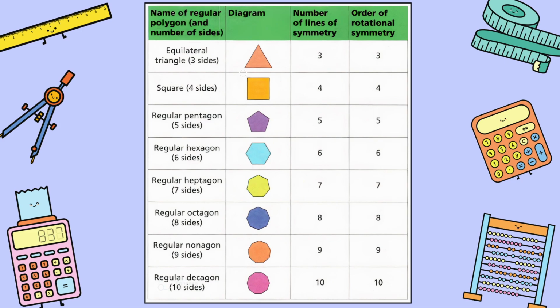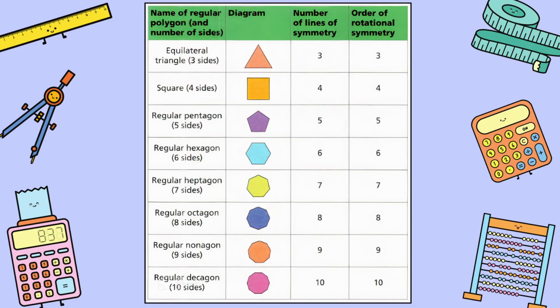So the first shape is equilateral triangle. What does equilateral mean? Equilateral means all the sides, 1, 2, 3, all the sides in this triangle are equal.